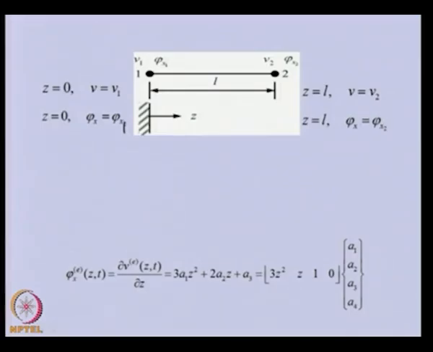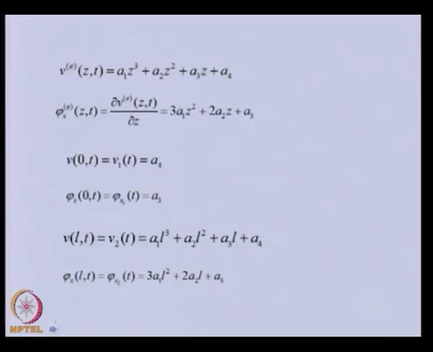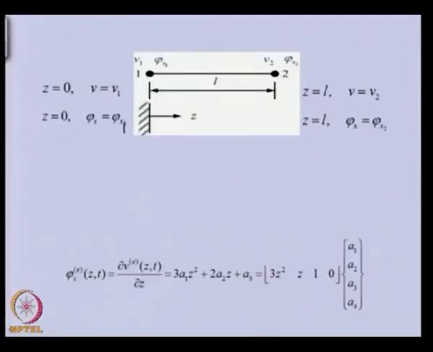Now, in this particular case, because we need the slope also, this is the derivative of the shape function which we chose in the polynomial form.